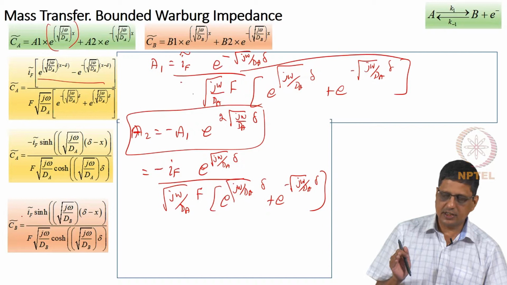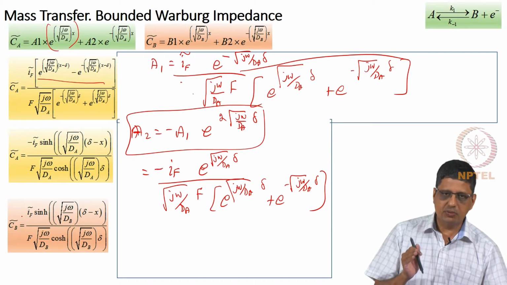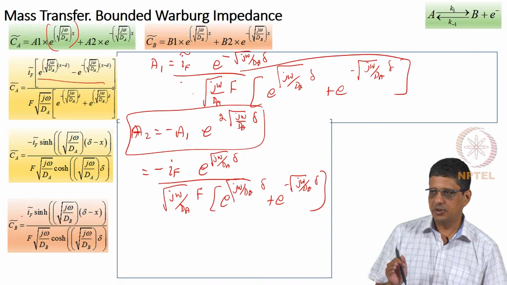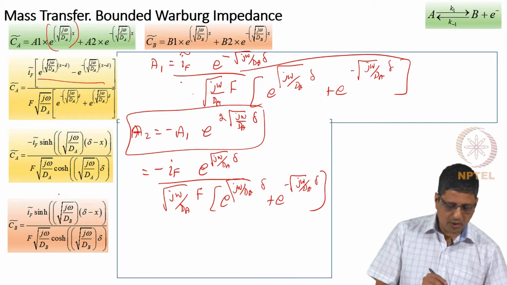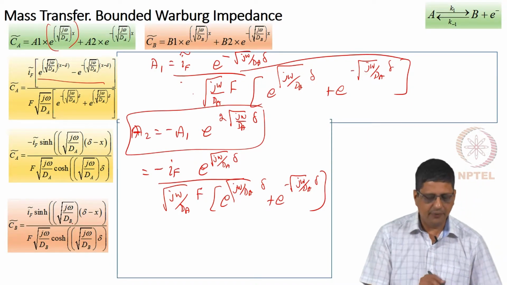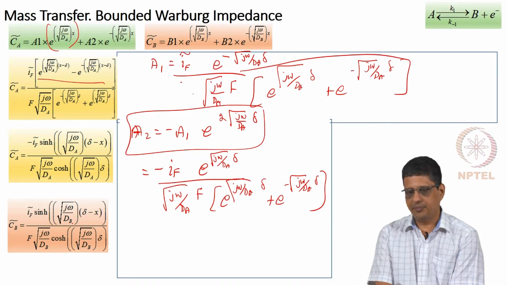At x equal to delta, you will have C B fluctuations at 0. First boundary condition, it would say IF by F is minus of dB dou C B by dou x. So, because of that, the factors will have interchanged in the sign. So, it will look similar to C A tilde, but with the negative sign gone here, and instead of dA you will have diffusivity dB there.